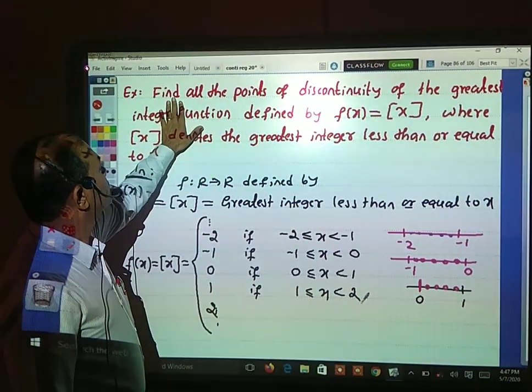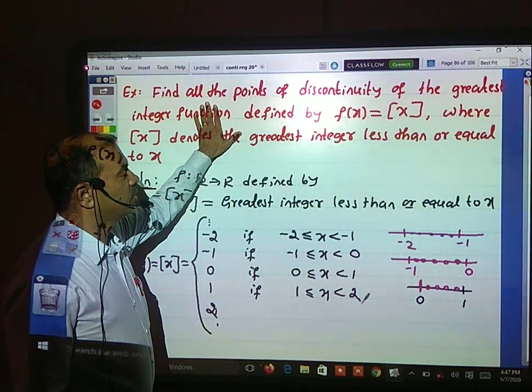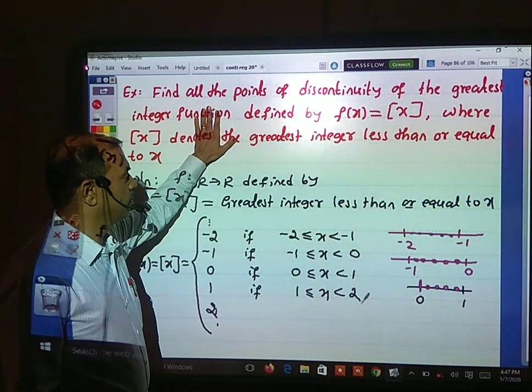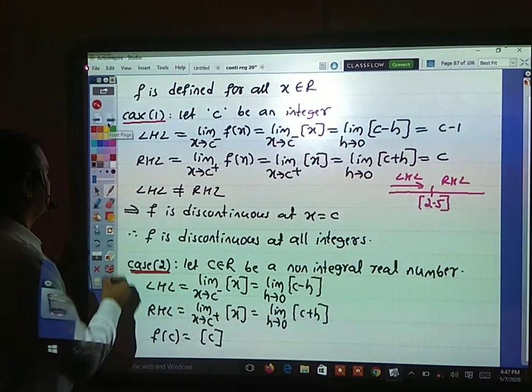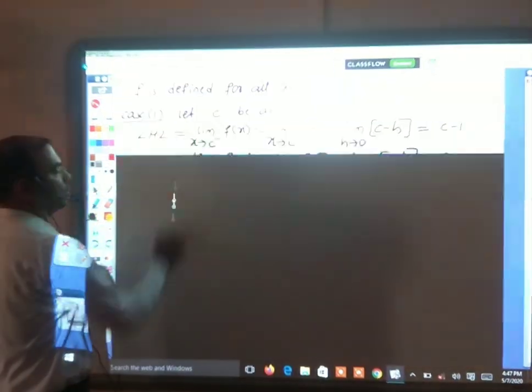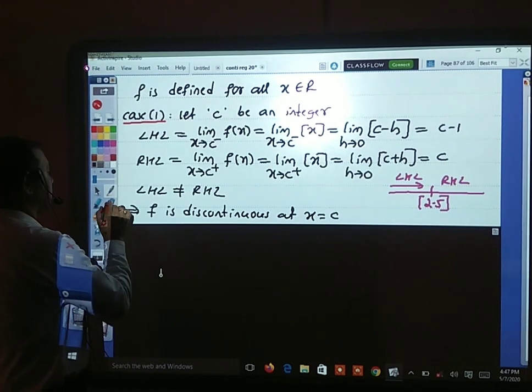Now we discuss the continuity of this function in two special cases. One is when x is equal to c, where c is an integer.